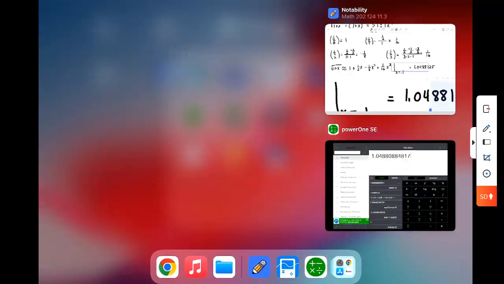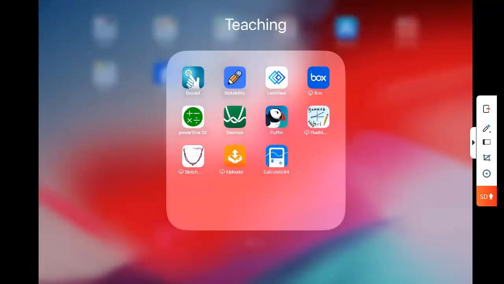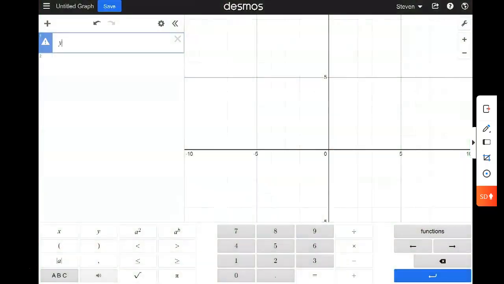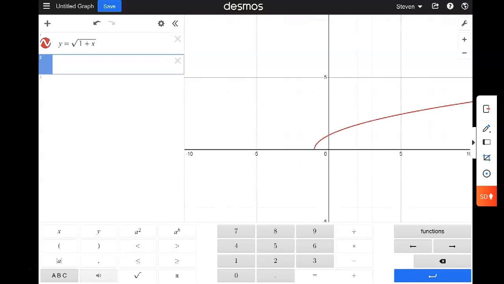And you can see if we go to the graphical scenario, y equals the square root of 1 plus x, on one hand, looks like that.